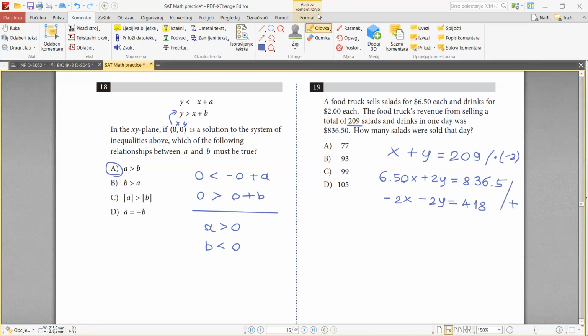Now we can add both equations. And then we get 4.5x equals 418.5. And now we can divide everything by 4.5.